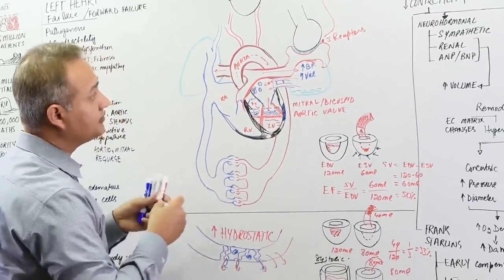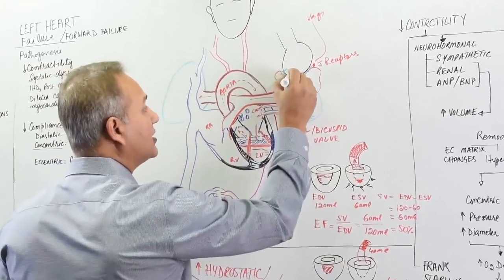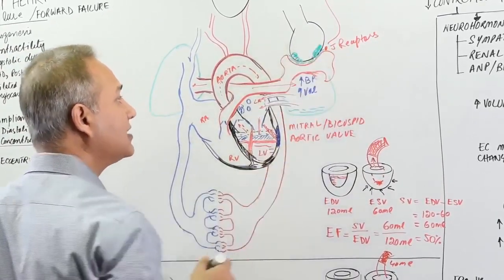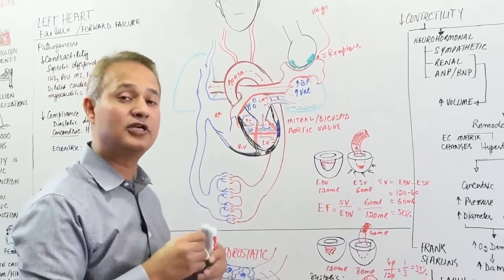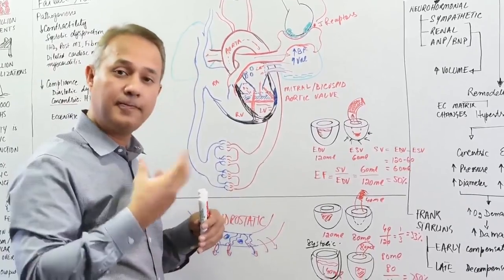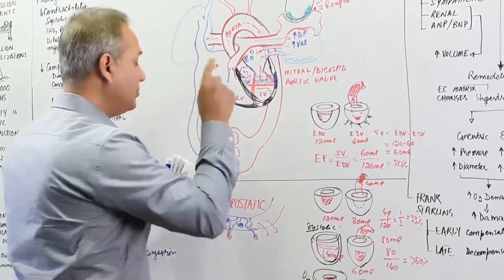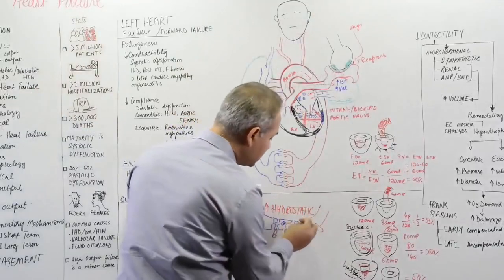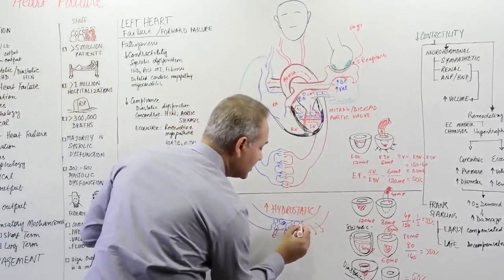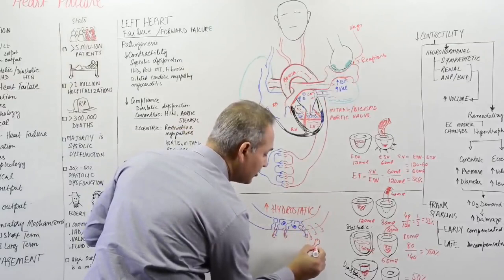Then what would happen? Fluid would enter the alveoli. Then when the fluid enters the alveoli and alveolar edema develops, the patient would start coughing, and because of this extra pressure in the vessels, even erythrocytes will come out. Erythrocytes come out for two reasons.